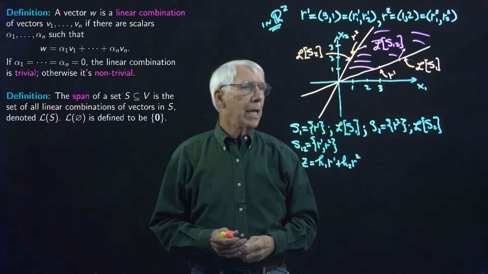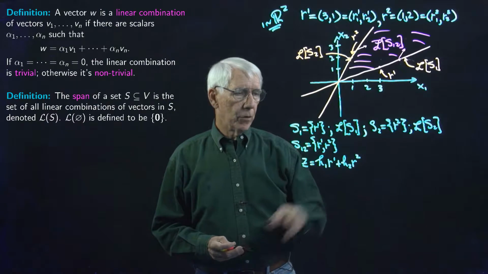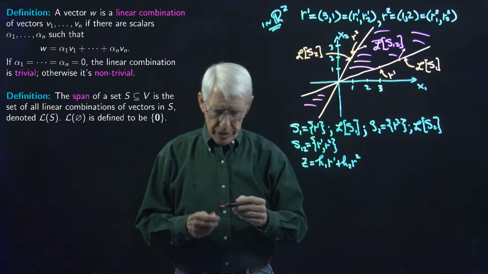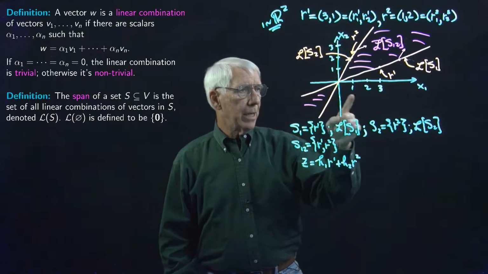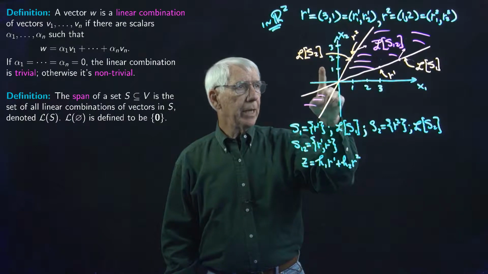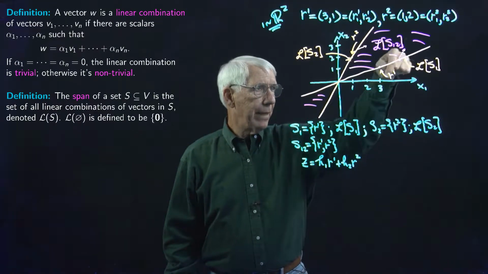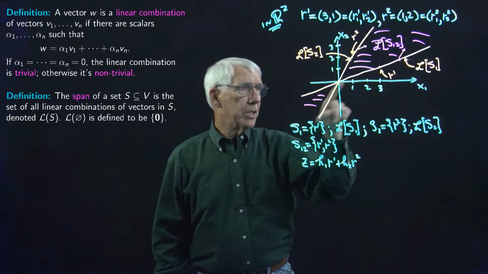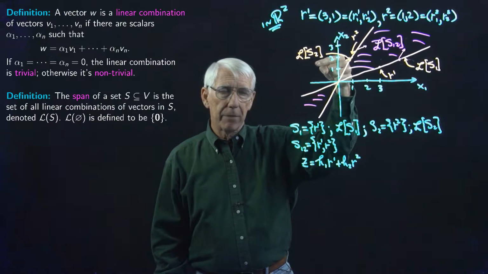And so if we now look at just the negative holdings, reversing this, we would get all of the things down in this region. But of course, we can also get vectors in here and here by taking a positive amount of the first vector and then coming back with a negative amount of the second vector. Or we could take a positive amount of the second vector and a negative amount of the first vector.